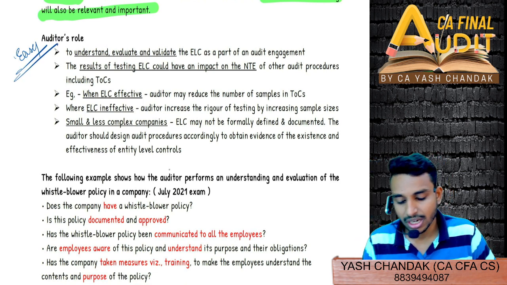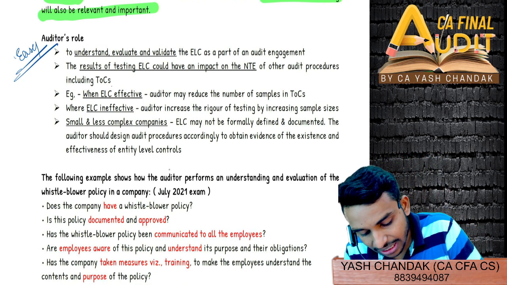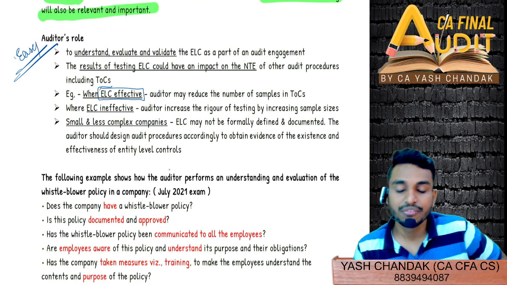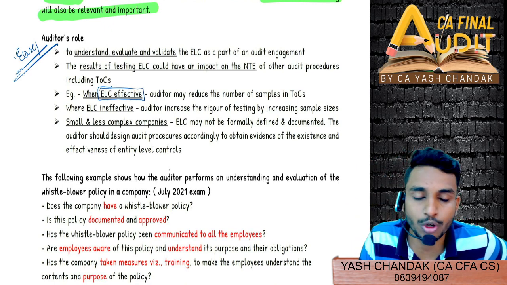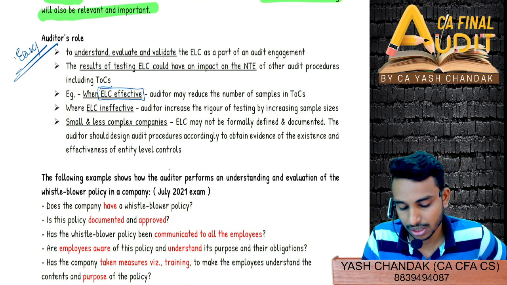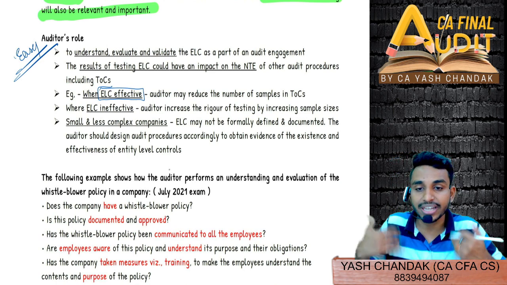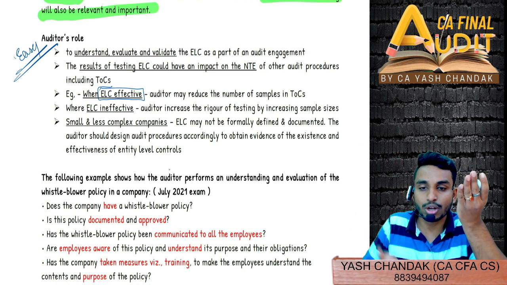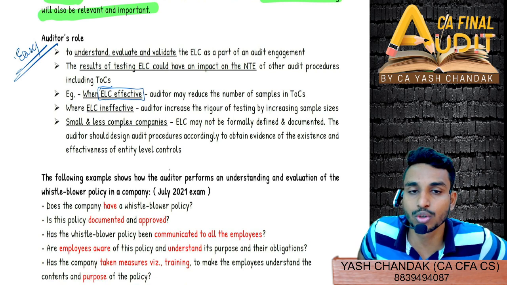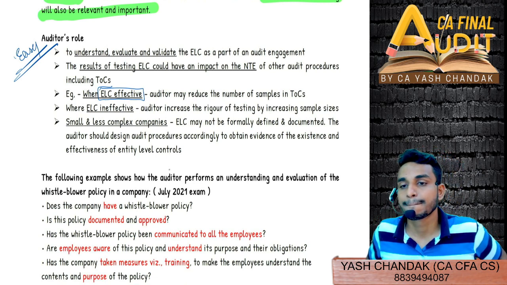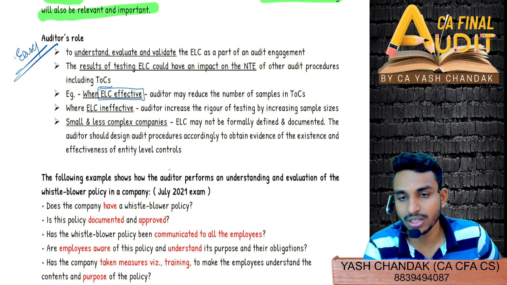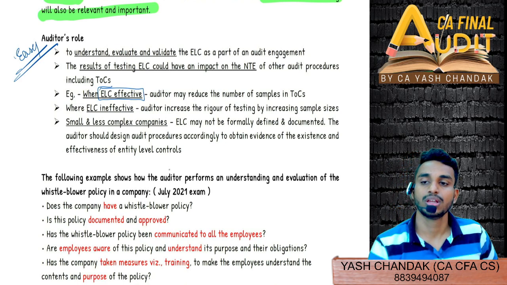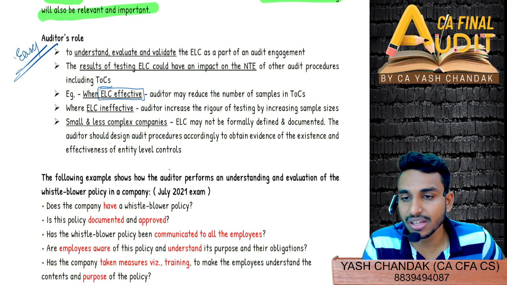You'll be able to comprehend. Tell me now, if entity level controls are effective, will you reduce your sampling in test of controls or will you increase your sampling? Will you increase the number of samples or decrease the number of samples in test of controls? Tell me. It will decrease, right?